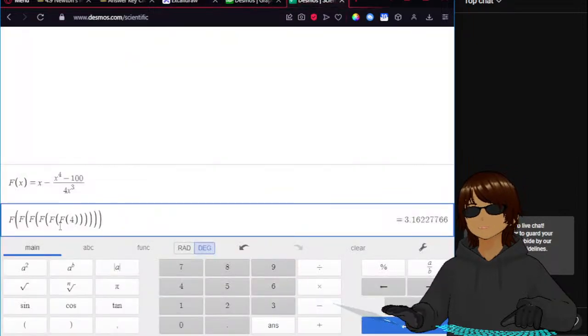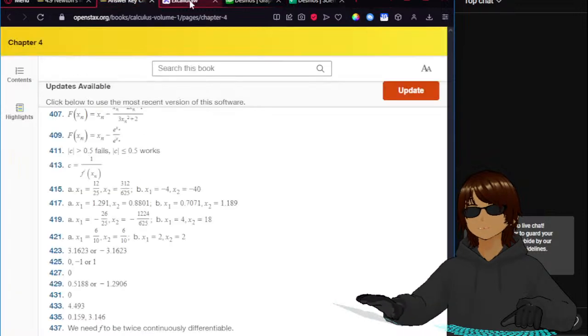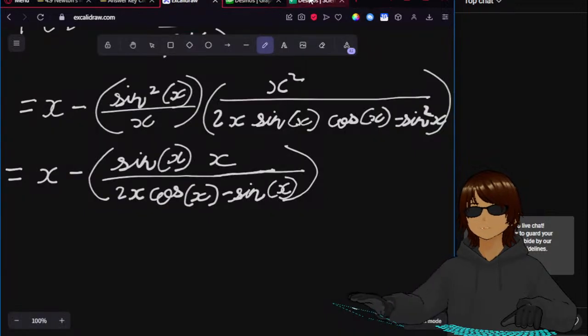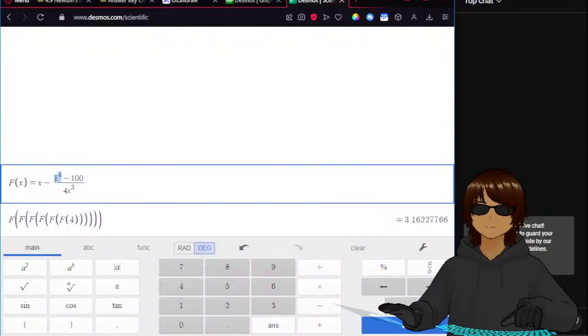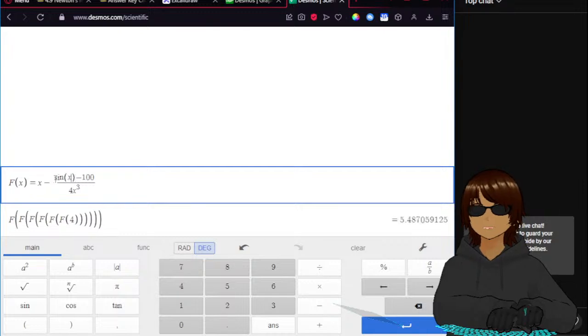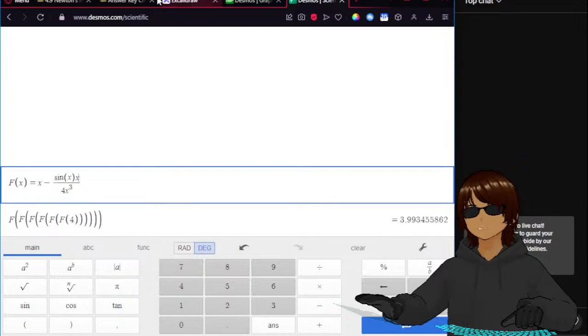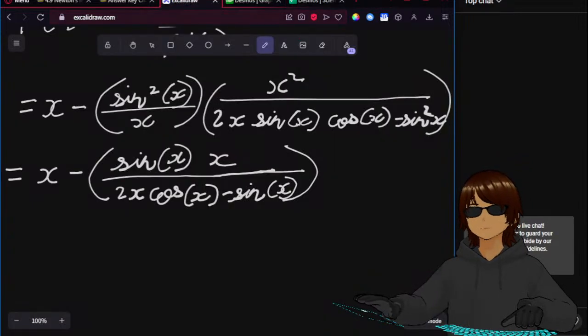Really hope this is correct. So x is now x minus sine x. What was it again? Sine x x, 2x cos x.